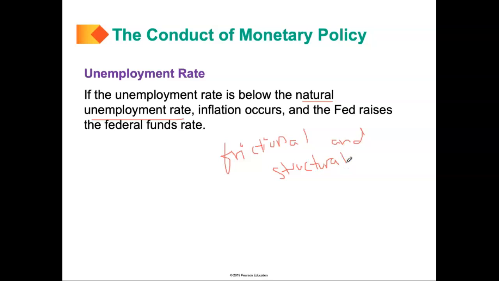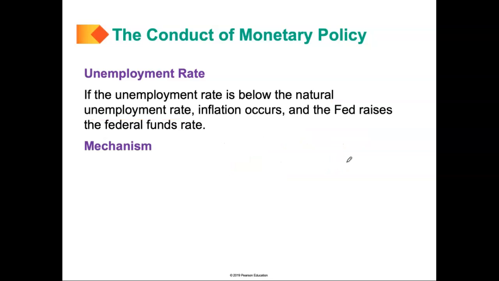If the unemployment rate is below the natural unemployment rate, inflation tends to occur and the Fed will raise the federal funds rate. Now, you're probably wondering to yourself, well, Dr. Kweku, how does inflation occur when the unemployment rate is below the natural unemployment rate?